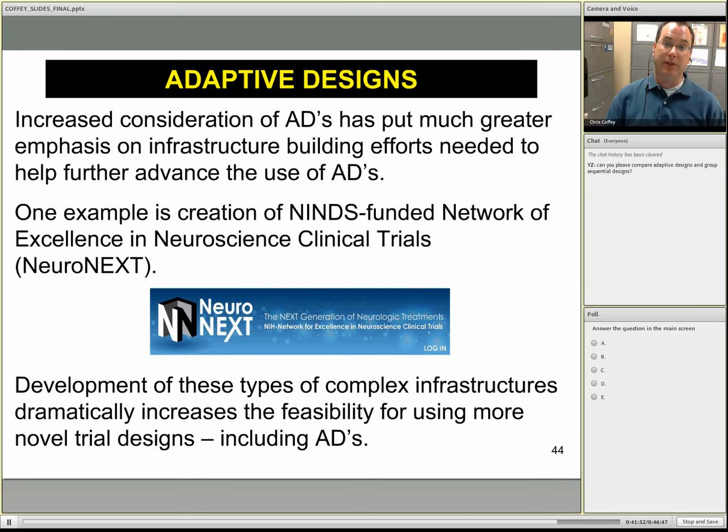One of the advantages of this, because of that infrastructure, if an investigator comes into NeuroNext with a problem that might fit an adaptive design, there is infrastructure funding to help pay for the time of the clinicians and the statisticians who would work with the investigator to help do these upfront things, to justify the design, to make sure that we've selected the best design, to compare the adaptive design to a fixed design. It might be that the adaptive design has some theoretical promise, but when you actually run the comparisons, you gain very little from a fixed design, in which case, implementing the complexity of an adaptive design may not be worthwhile.